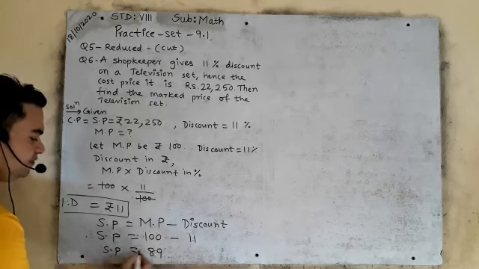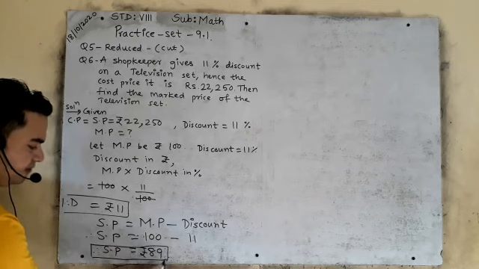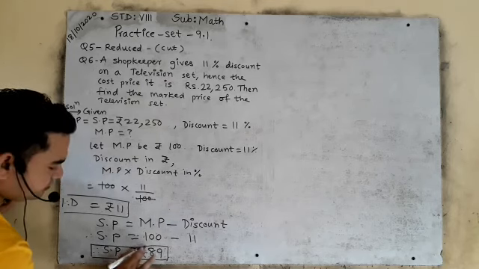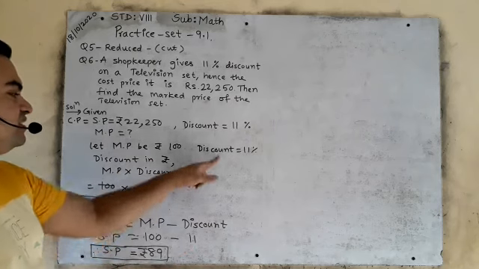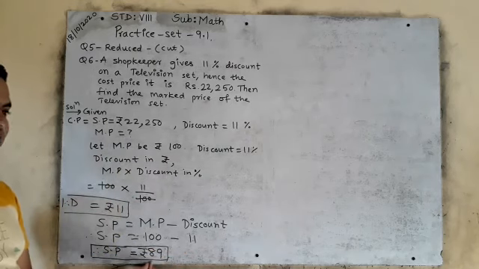So selling price is rupees 89. Mark price 100 we have considered because it is not given in the question, and 11 rupees discount you will get on mark price. So 100 minus 11 is 89 rupees.